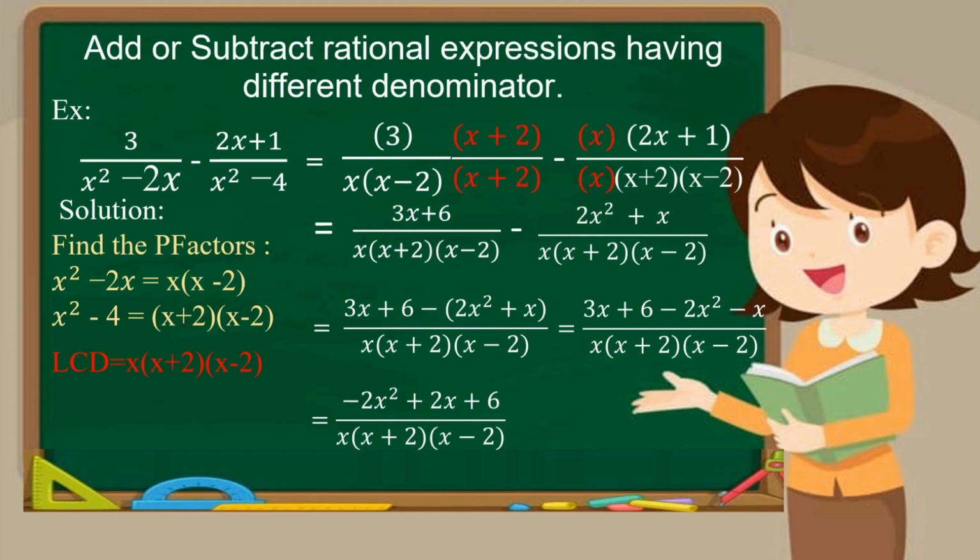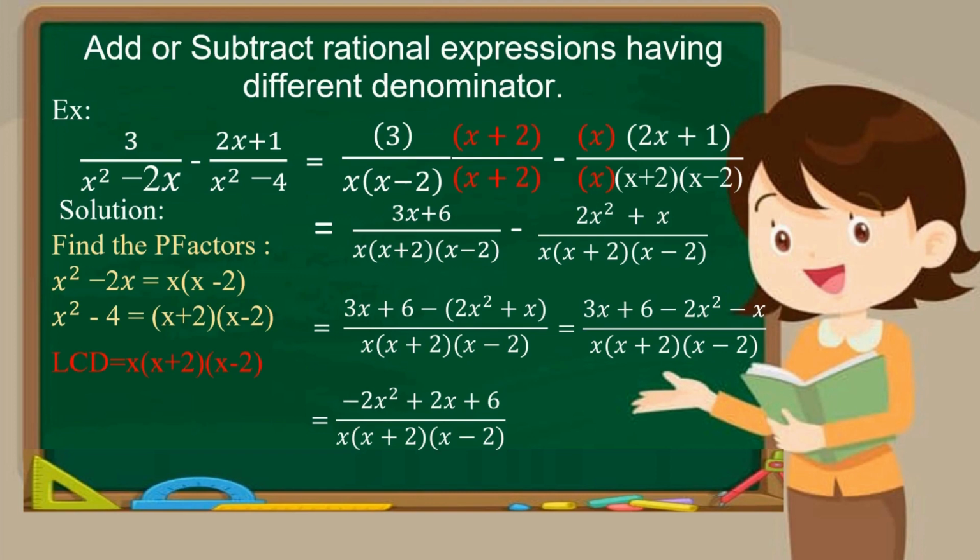Magkaiba yung exponent. So, just write it down. Nag-iisa lang siya. Negative 2x squared plus yung 3x at saka negative x ang pwede nating combine. Okay, 3x minus x is positive 2x plus 6. Okay? There you are. Na combine na natin lahat yung like terms.